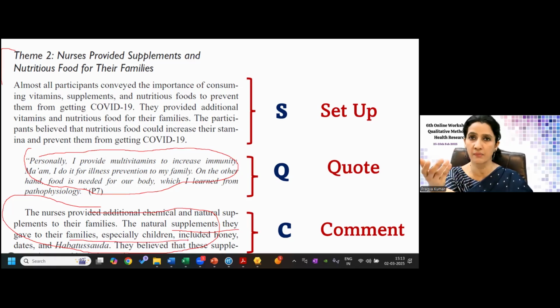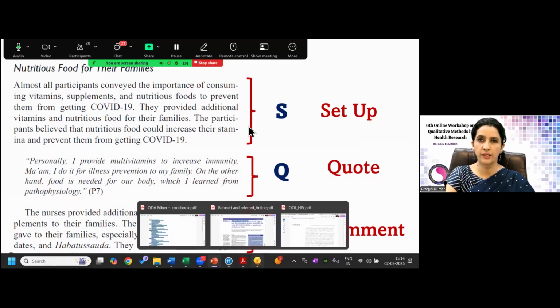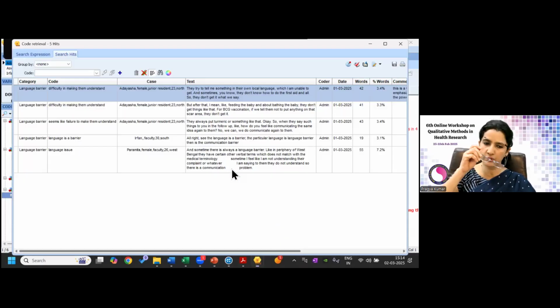That's why they are summarizing. So the rest of the quotes, which you can see here if you go and see this QDA. Since I'm using this quote, the Paramita's quote, then for the rest of the 4 quotes, it's my responsibility to put the perspective of the other people also in this setup and comment format.